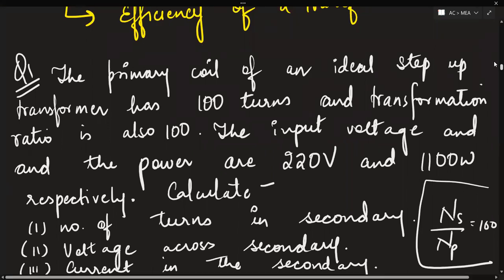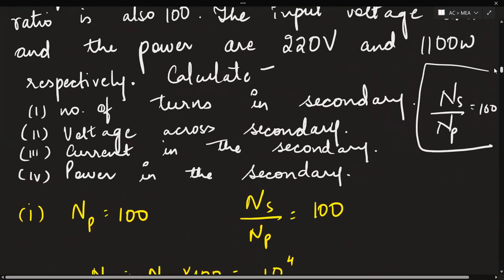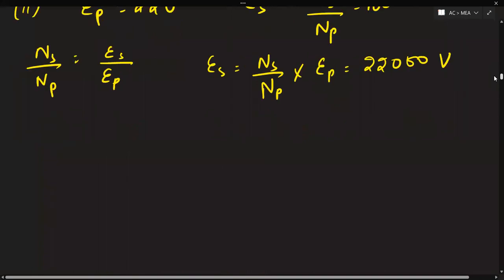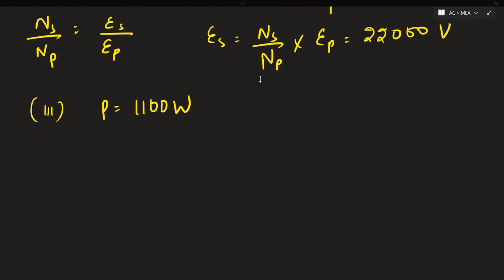For this part, power is given to you. Power in the primary is given as 1100 watt. So for the third part, we'll calculate the power. Power is given as 1100 watt. Now try it.